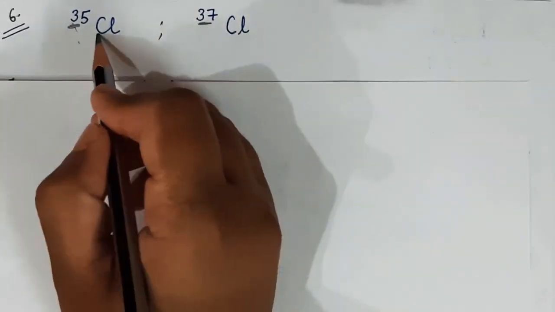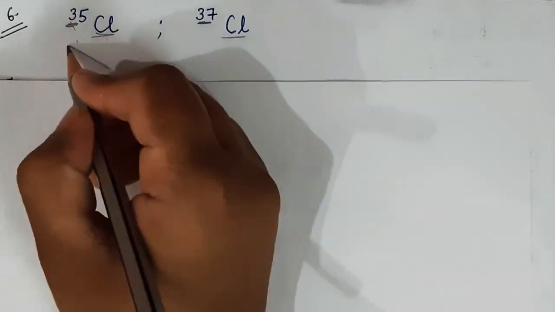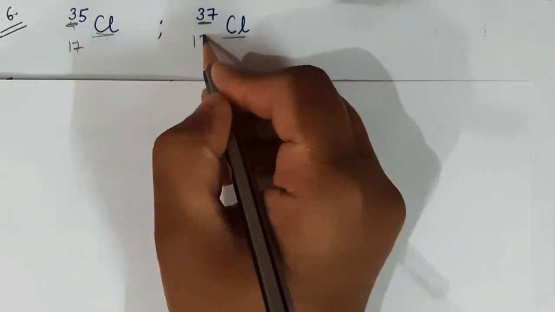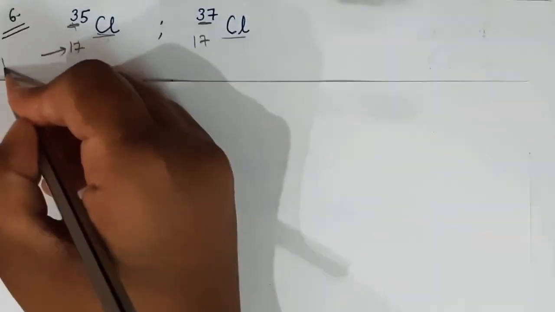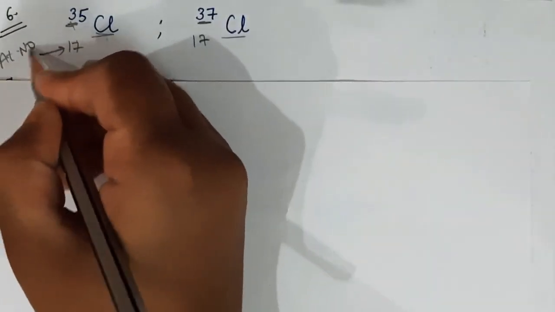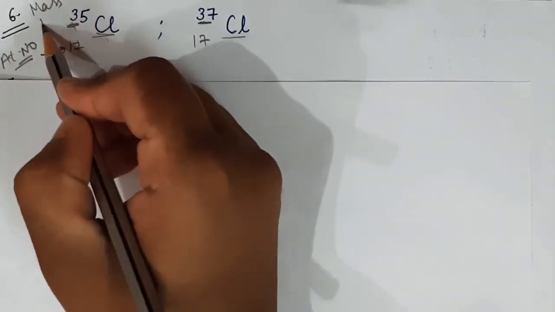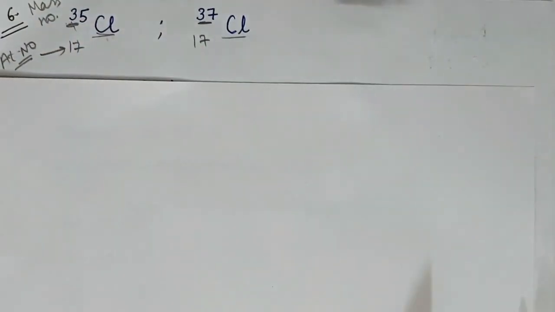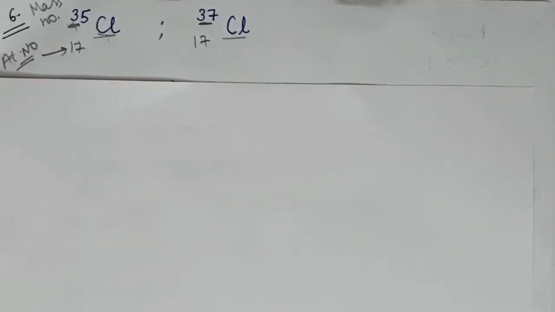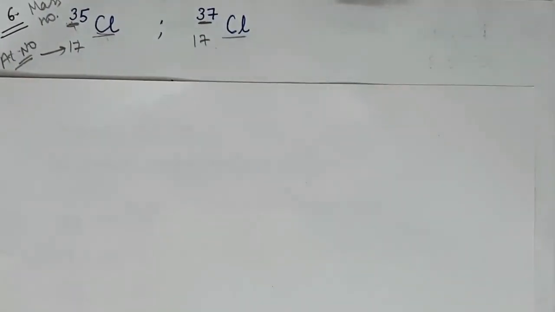And you know the atomic number of chlorine? What is the atomic number? 17. 17 is the atomic number, 35 is the mass number. So you have to tell whether these two have different valencies or the same valencies.